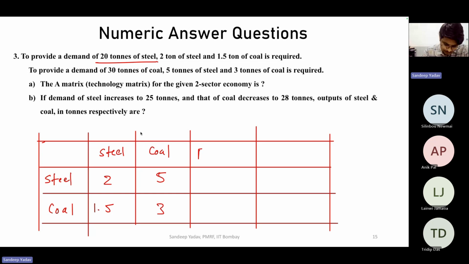So final demand given here is 20 tons of steel and 30 tons of coal. So total output would be 20 plus 5 plus 2 is equal to 27. And here 30 plus 3 is 33, and 1.5, that is 34.5. So that's how we calculate the total output.